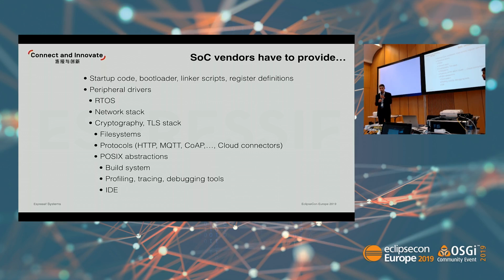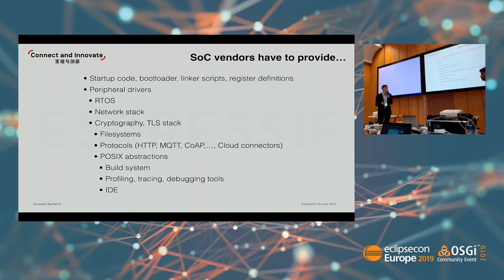So we also provide an RTOS. In our case, we use FreeRTOS, which is very well known to most everyone who works in the embedded space and has been ported to lots of devices. It's a relatively simple RTOS, but its popularity makes up, I think, for some missing features. We have the network stack, cryptography, and TLS stacks.